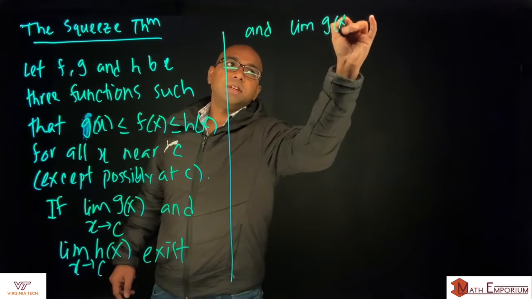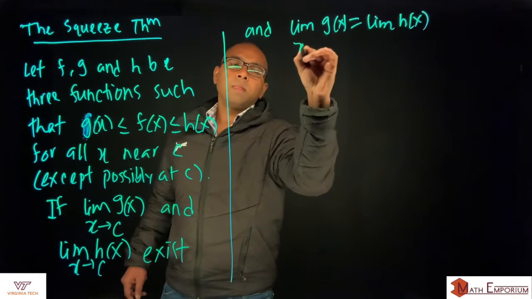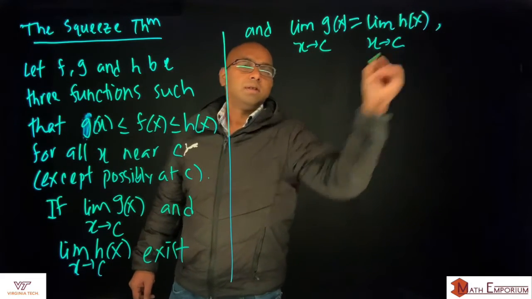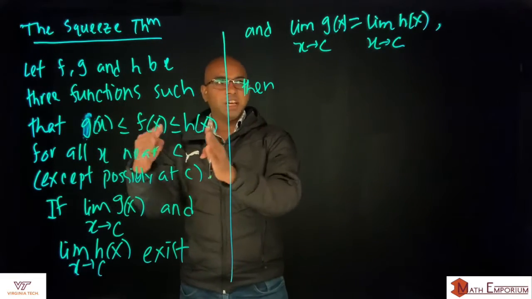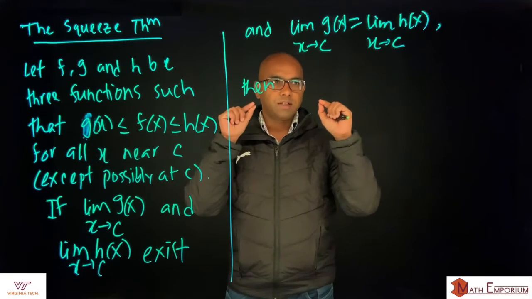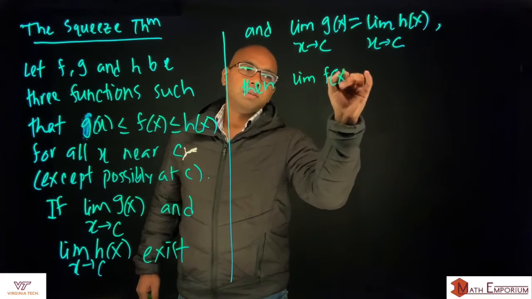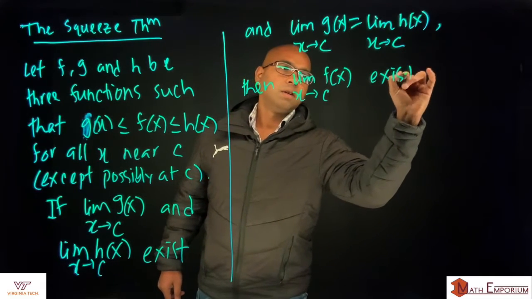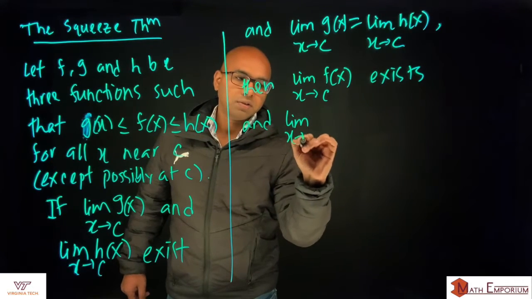Now that part is very important. Then what happens: f is trapped between g and h, and both g and h have limits and they are approaching one fixed value. Then this function f also has a limit at c, and it equals this common limit of the other functions.